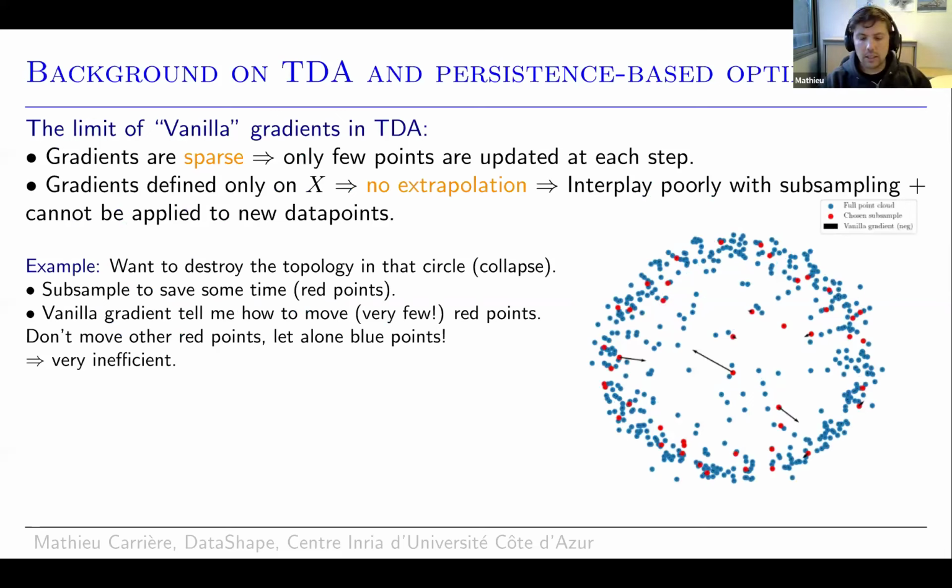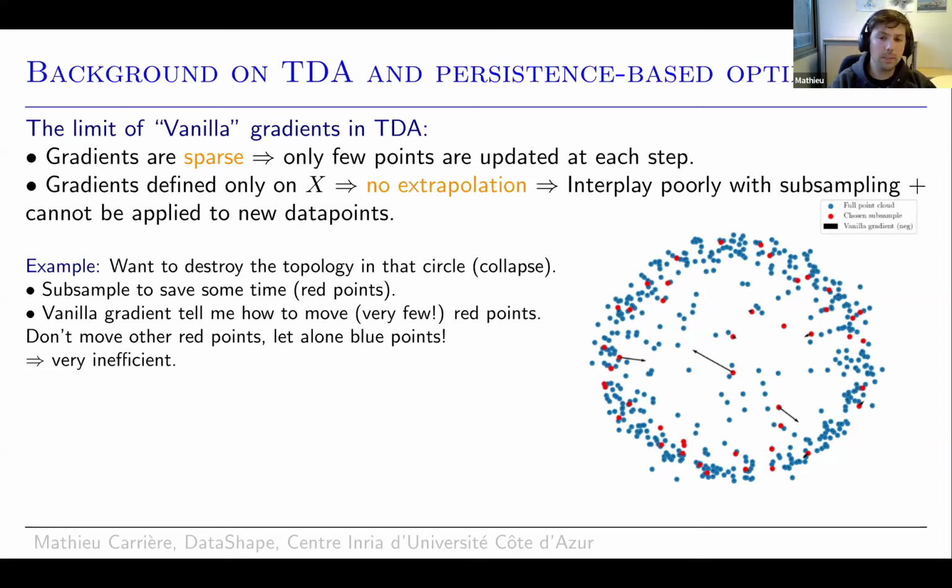Okay, so that being said, a few problems or weaknesses with this way of doing optimization have been noted by the community. One of them is obvious from how this vanilla gradient, where vanilla means the method I just presented, is computed: it makes the gradients quite sparse, right?